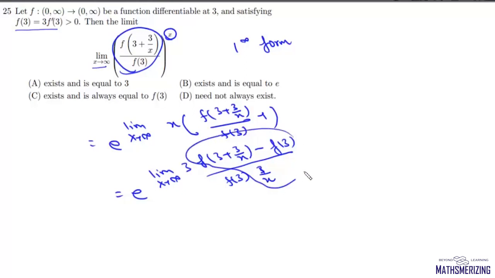Now this is nothing but (f(a plus h) minus f(a)) upon h, and that is nothing but the derivative of this function at a. So we can write this as e to the power 3 into f dash 3 by f(3). Now in the question it says 3 into f dash 3 by f(3) is 1. So this value is equal to e to the power 1, which is e. So this limit exists and is equal to e, and that's your option B.